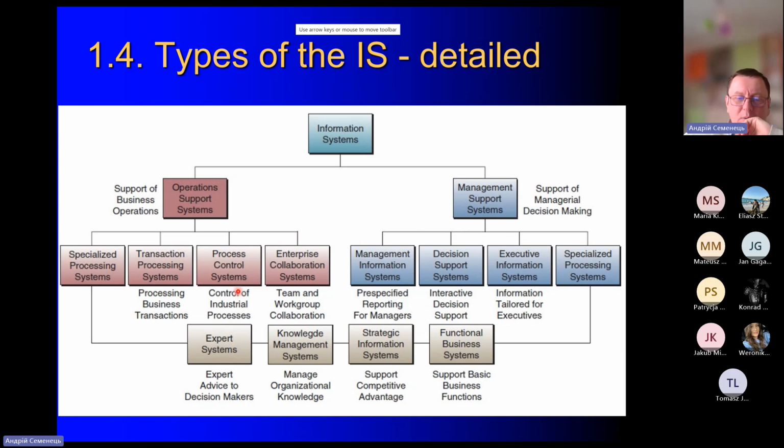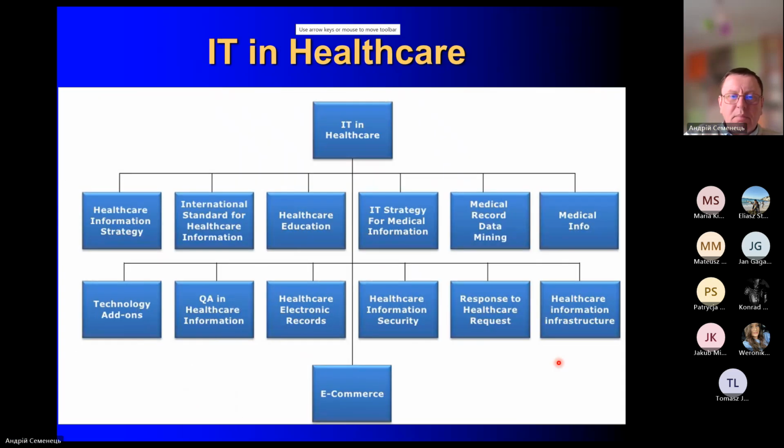So we are right now somewhere here. And a third group combines the previous pair, because it is based on operational data but is typically used by managers. That's expert systems, knowledge management systems, and different strategic information systems, including AI based information systems.